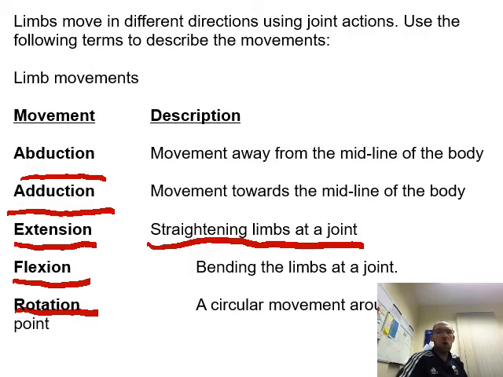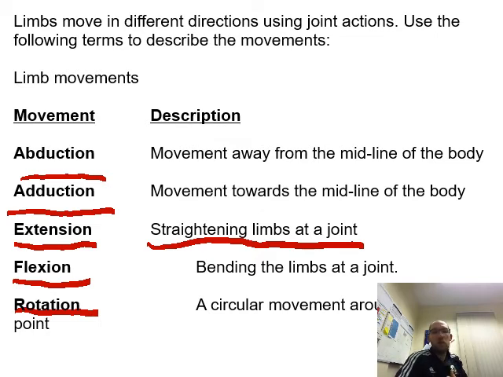So we have different types of movement. When you move any part of your skeleton, we don't say you move your arm up or you move it down. We need to know the correct terms. These correct terms are abduction, adduction, extension, flexion, rotation.